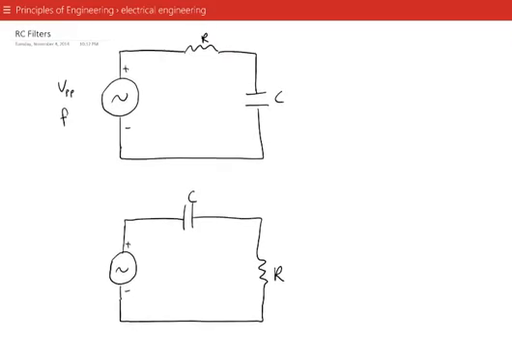So one way to think of these RC filters is that they're frequency dependent voltage dividers.